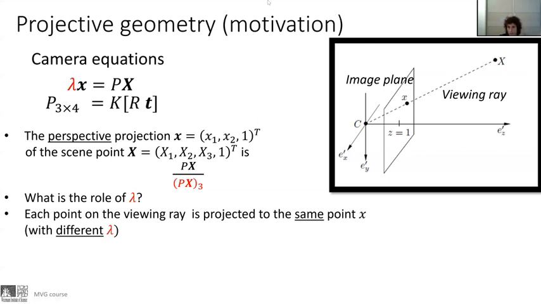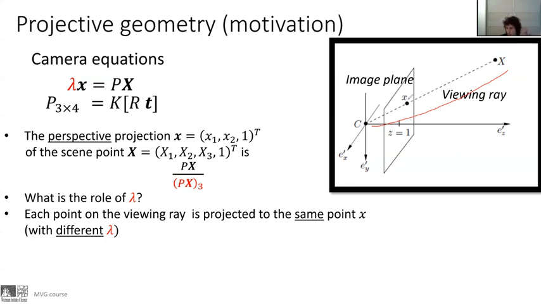Each point in the 3D space on this viewing ray is projected to the same point here, x, right? But essentially, each 3D point will give me another lambda, right? Do you understand? I have this viewing ray, and I take a point on this ray and project it to the image plane.